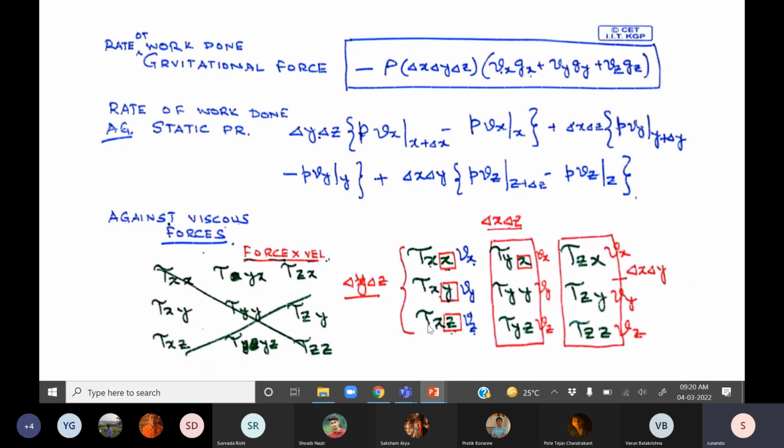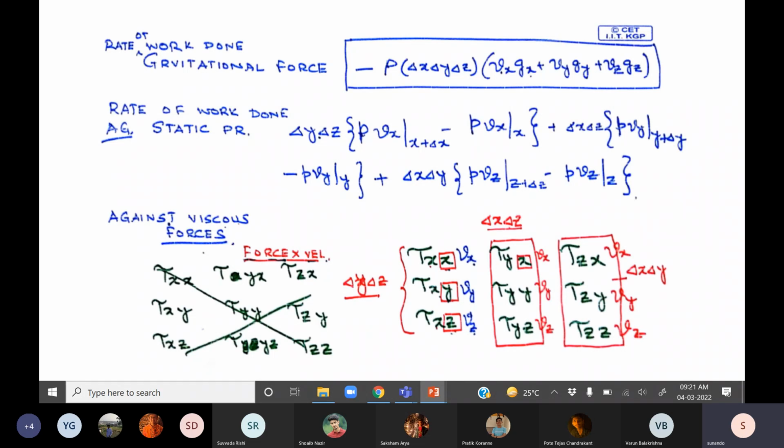The viscous dissipation terms become extremely important when, if you just think about a Newtonian fluid, this tau is mu times the velocity gradient in the appropriate direction. If you expand the velocity gradient, you have a velocity and a length scale, velocity divided by the length scale. So if the velocity is large, then the viscous dissipation could be large. Or if the system size is small, that means the denominator, the length scale x or y, is small, that could give rise to a large value of velocity gradient.